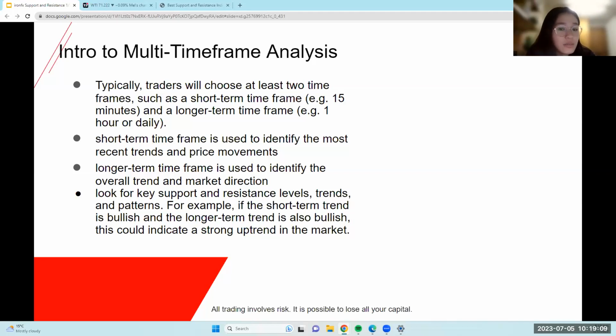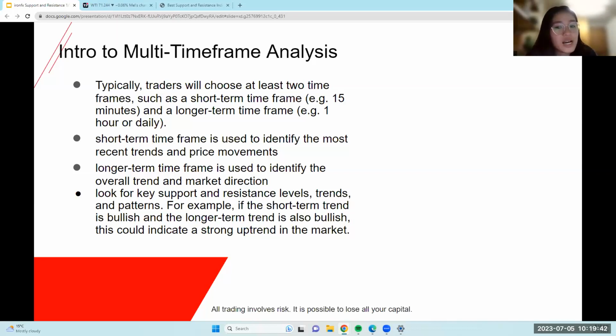So the first step in this strategy is to select the timeframes to analyze. Typically, traders will choose at least 2 timeframes, such as a short-term time frame, for example, 15 minutes, and a longer time frame, 1 hour or daily. The short-term time frame is used to identify the most recent trends and price movements, while the longer-term time frame is used to identify the overall trend and market direction.